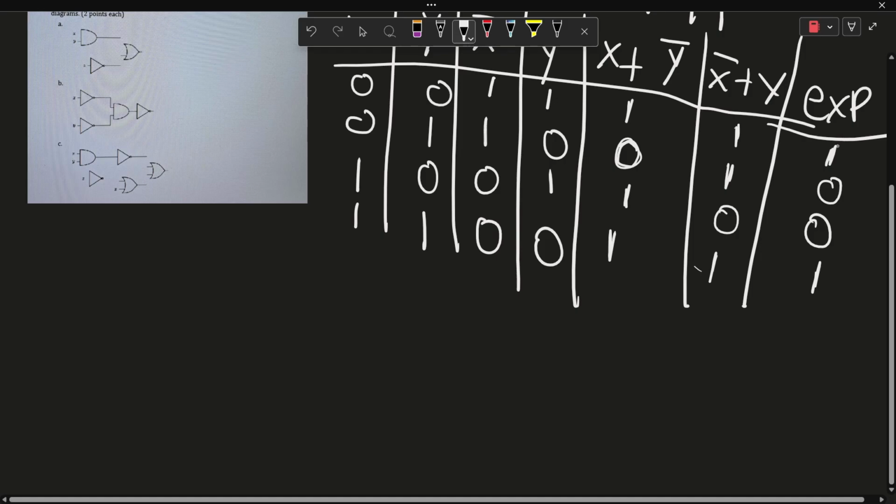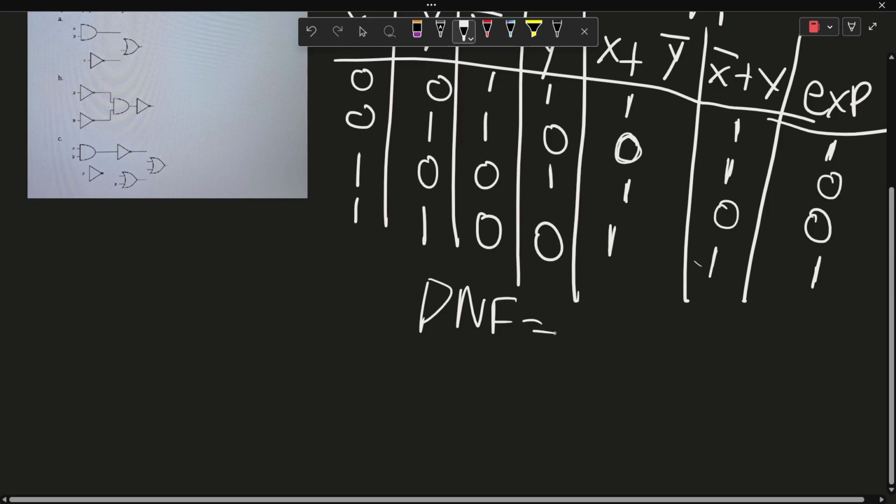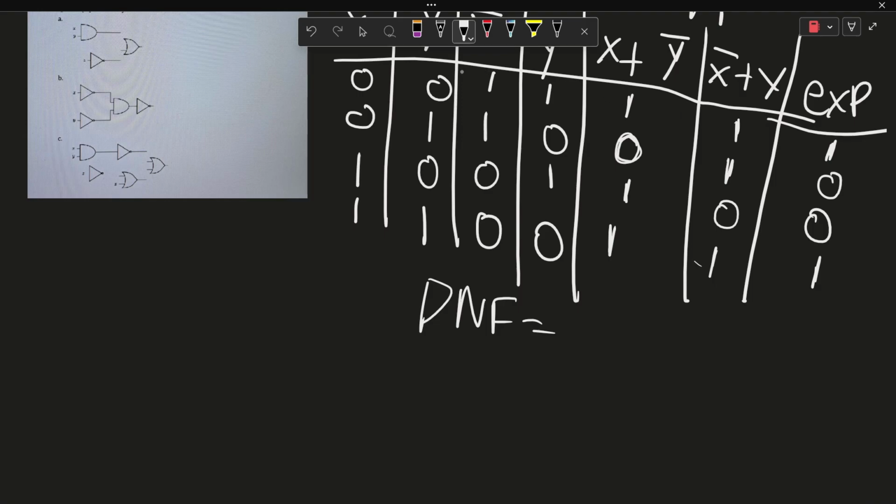So the sum of products for that one is any case where the expression is 1. For that, the only cases are this one and this one.